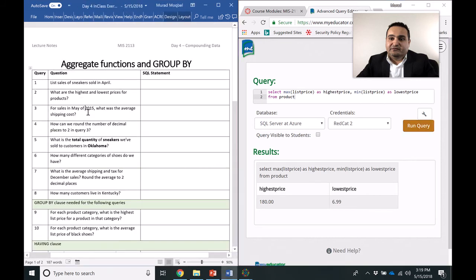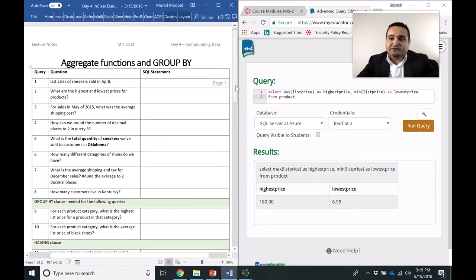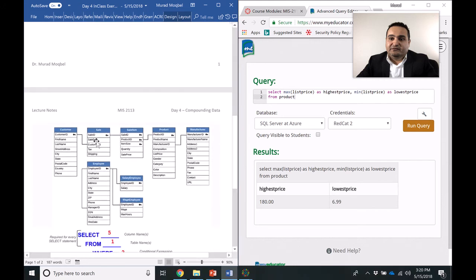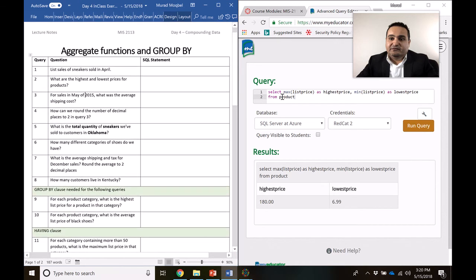So for sales in May of 2015, what was the average shipping cost? So which table do I need for this one? So I need the sales ID and average shipping cost. So it is the sale table. So I'm using only one table here. Alright, so I'll say select, what is the average shipping cost.